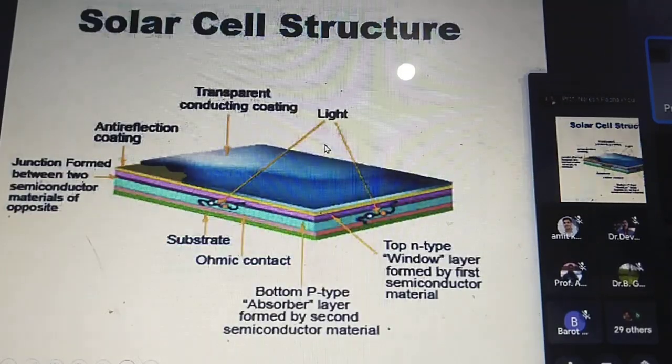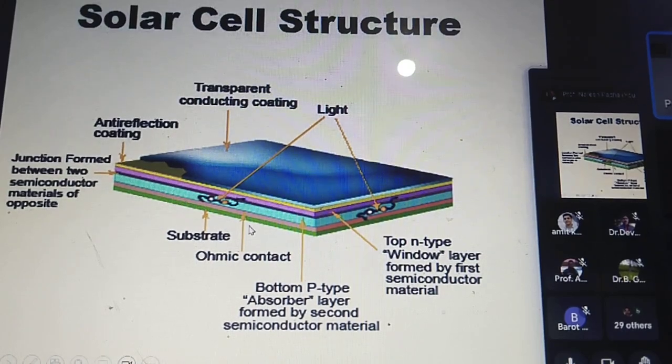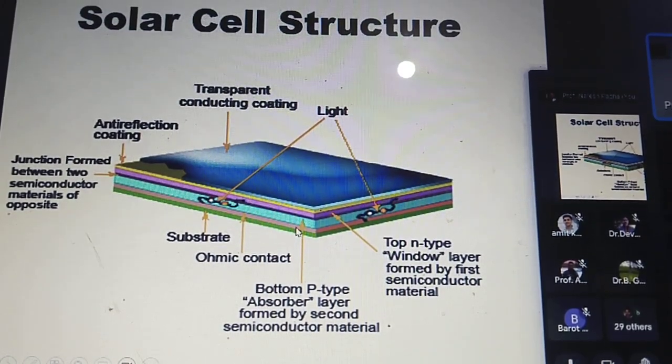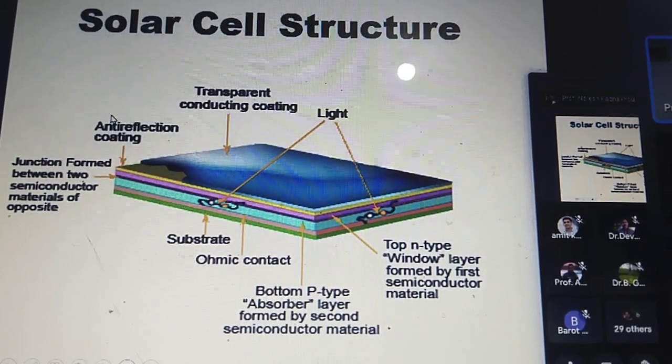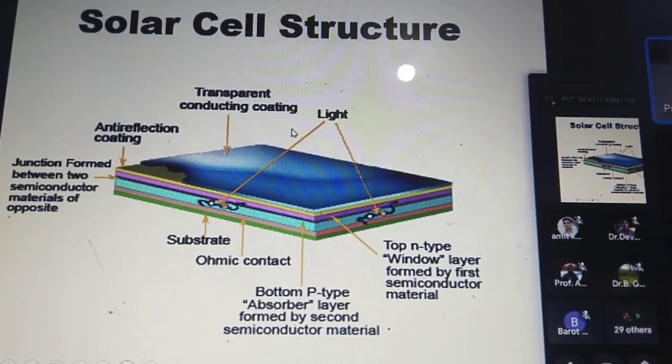And the structure is, you have a substrate, then ohmic contact, the bottom P layer, top N layer, then junction, anti-reflection coating, transparent conducting oxide, and light.